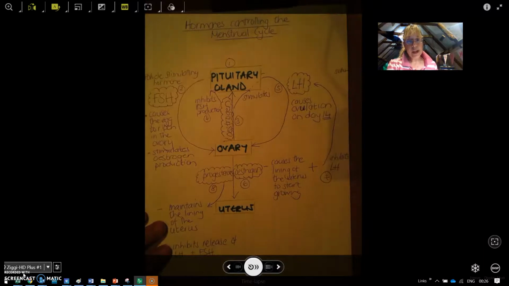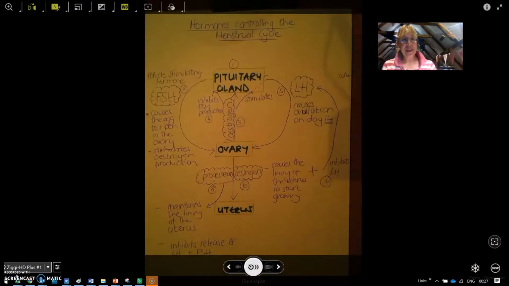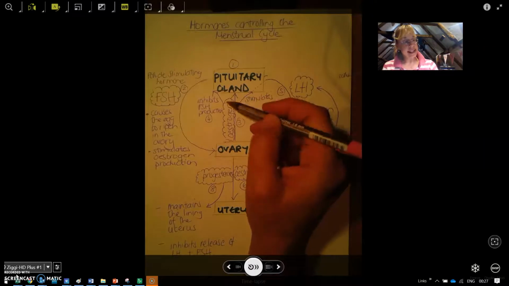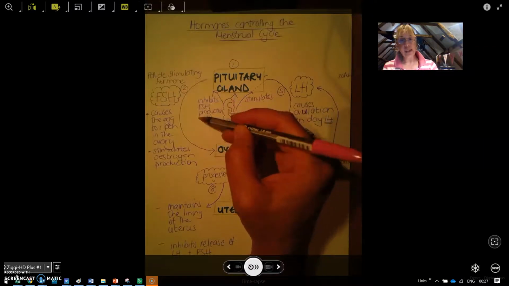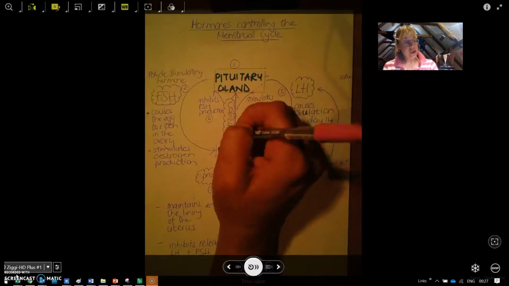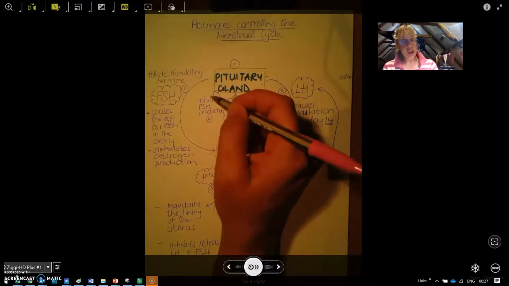So going back to our notes here, let's have a look at what estrogen does. Okay, so over here we said that one of the things that estrogen does is it inhibits FSH production. So if you're regularly taking estrogen, that means that FSH won't be produced.